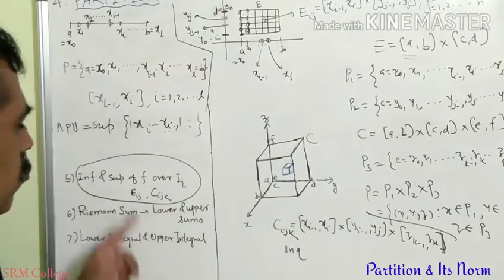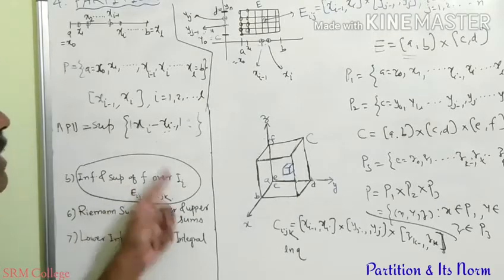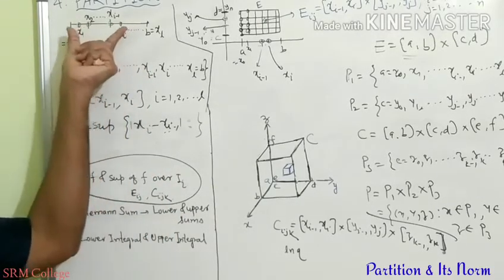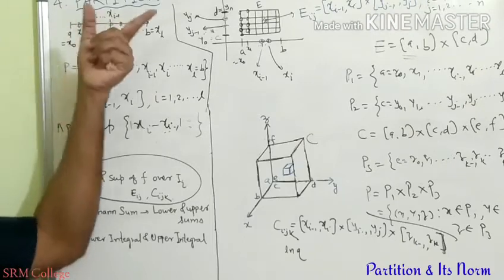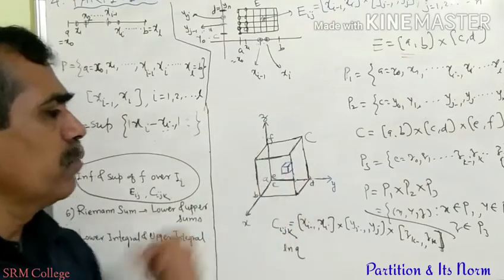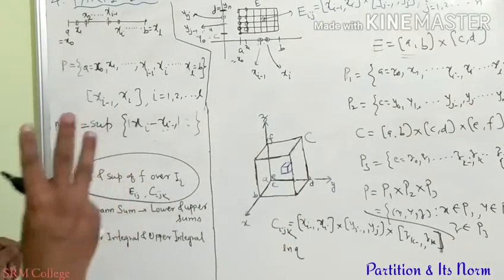So this is how we require the infimum and supremum of f on the subparts of the closed interval AB in the case of a function of one variable, a subrectangle in the case of two variables, and a subcuboid in the case of three variables.